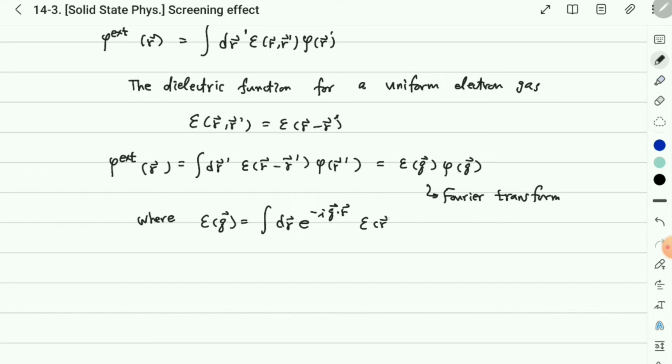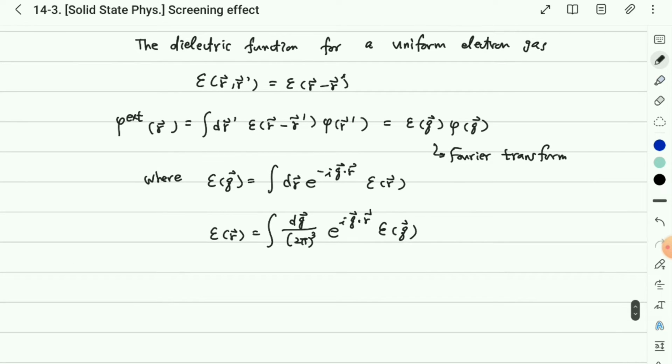It is the Fourier transform of the dielectric function from real space to momentum space, and inversely, the real space function can be written down, where dq over 2 pi cubed is the unit of momentum space, times exponential i q dot r epsilon of q. This is the Fourier transform relation between real space and momentum space of the dielectric function.